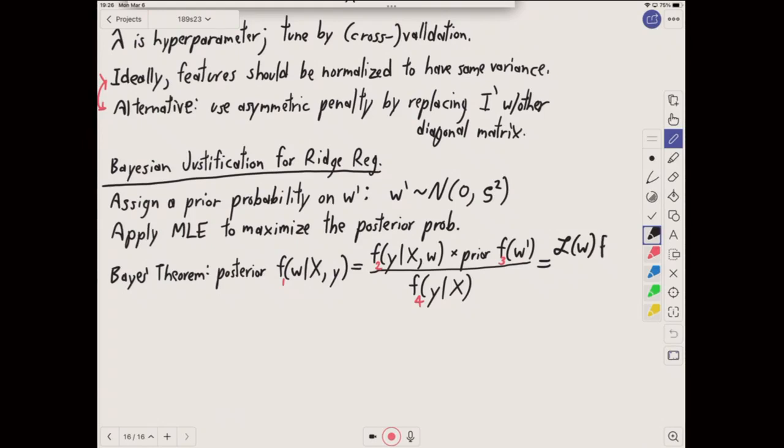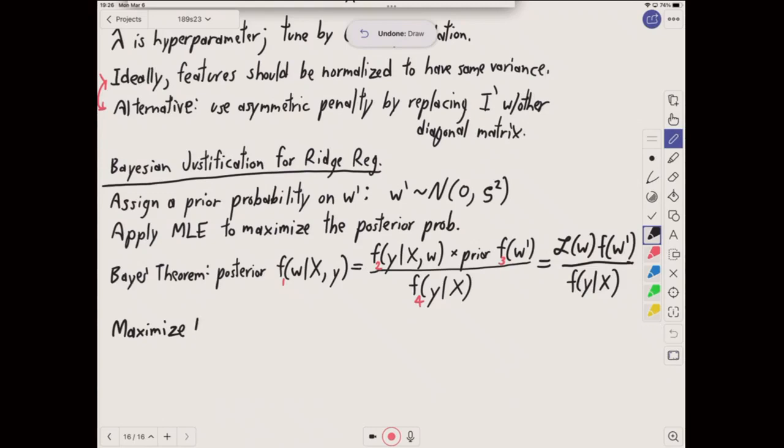And then that is times our prior function here, which is the PDF of that distribution, divided by this conditional distribution. I don't care about that denominator because it does not depend on w. We want to find the w that maximizes that posterior that I just wrote down. So what value of w maximizes this?